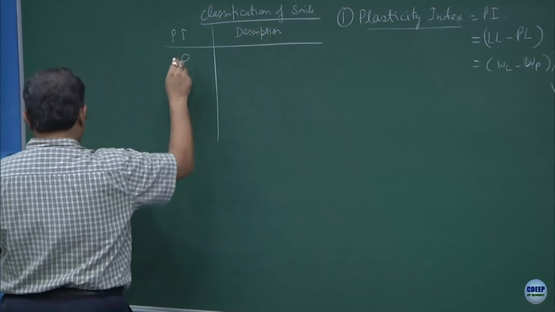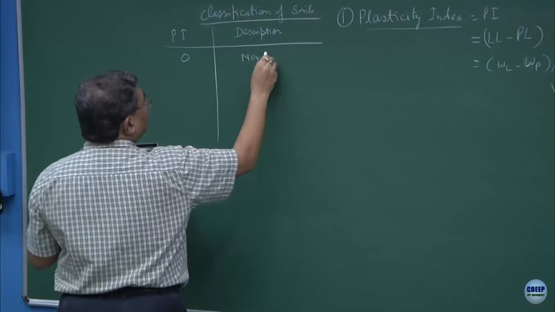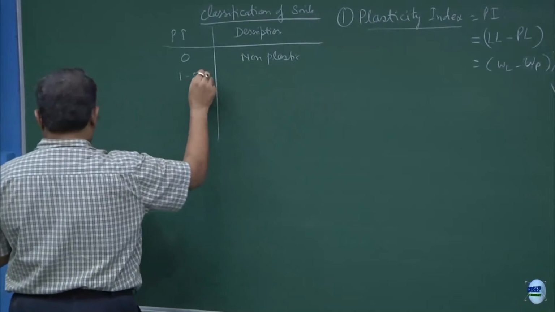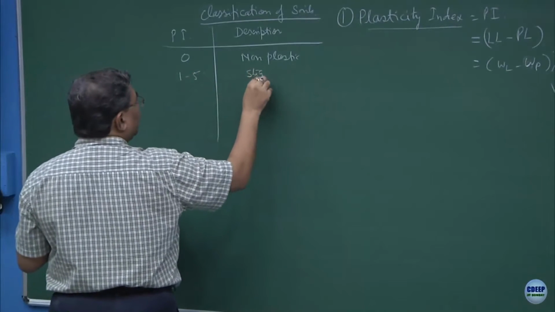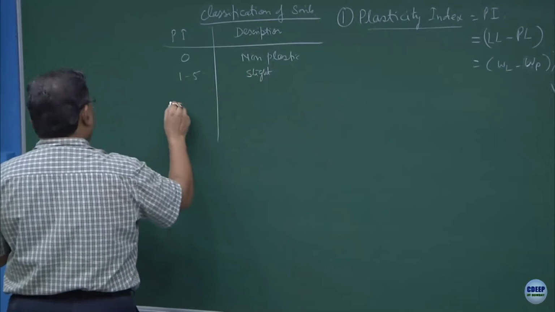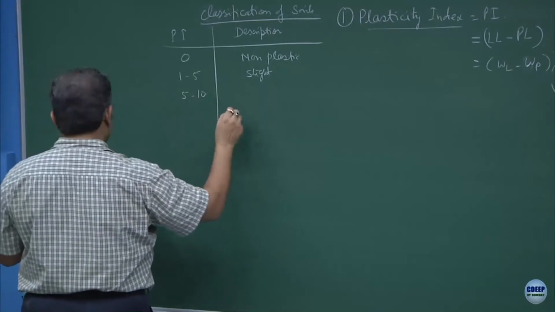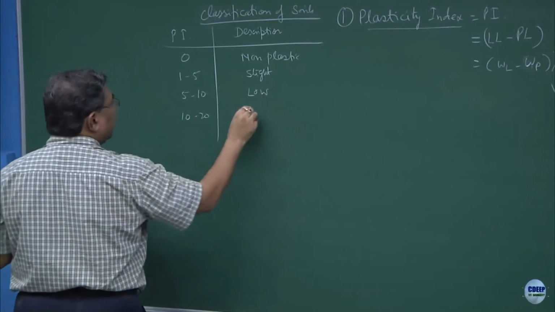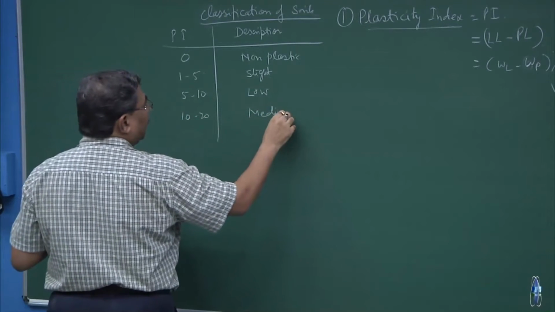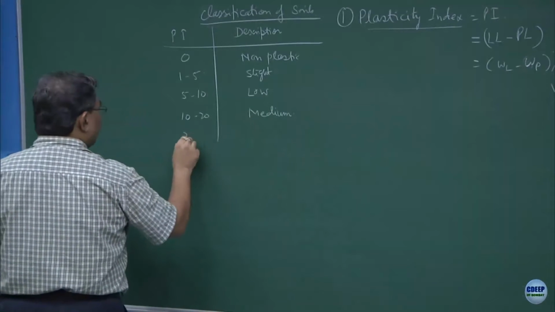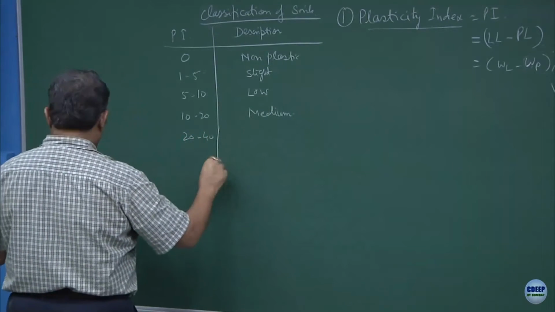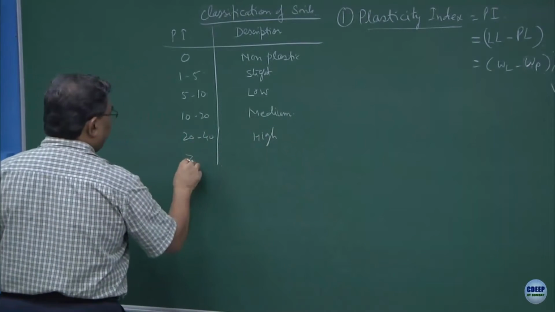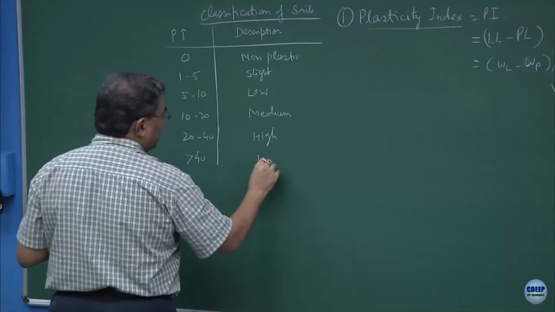If it is 0, this is non-plastic; 1 to 5, slight plastic; 5 to 10, low plastic; 10 to 20, medium plastic; 20 to 40, high plastic; and greater than 40, it is a highly plastic material.